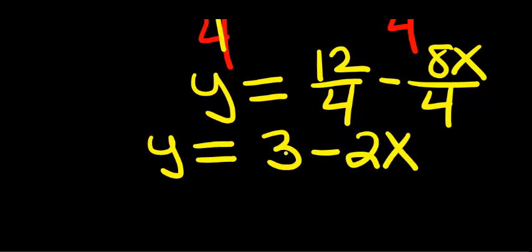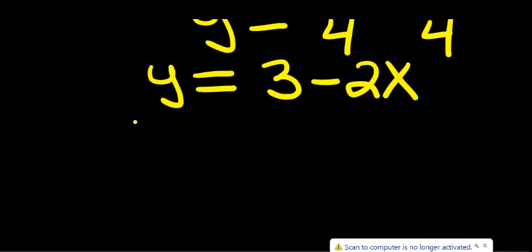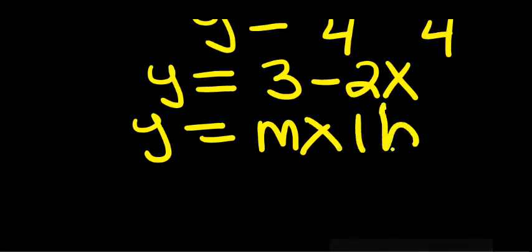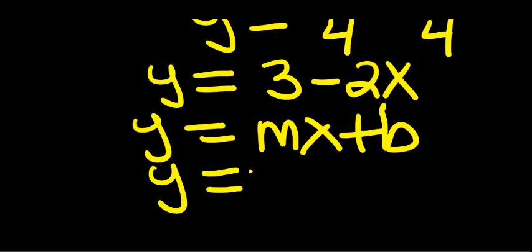Now I'm done here, but if I'd like to write this in the form of y equals mx plus b, which is my slope-intercept form, I'm going to rearrange these terms. When I rearrange these terms, I can't just simply put this 2x variable term in the front. I have to carry the whole term to the front.